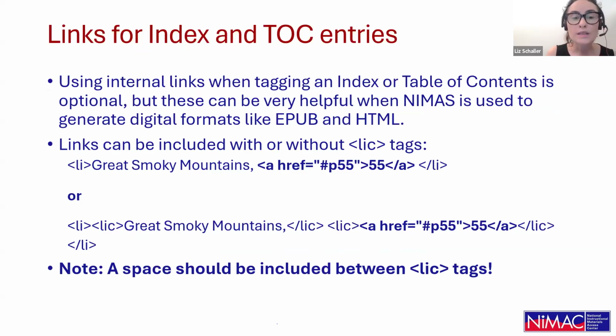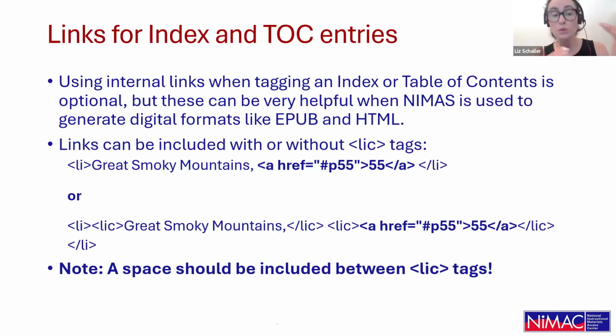Using internal links when tagging an index or table of contents is optional, but these are very helpful when NIMAS is used to generate digital formats like EPUB and HTML and our newest digital format, eBraille. Having those internal links in your file is extremely helpful. Links can be included either with or without list item component tags.